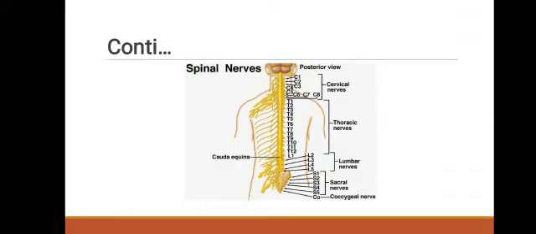Next one, lumbar nerve. They are 5 in number, present in lumbar region. Next one, sacral nerve. These are 5 in number, present in sacral region. And last one, coccygeal nerve, present at the coccyx. This is all the information about 31 pairs of spinal nerve.